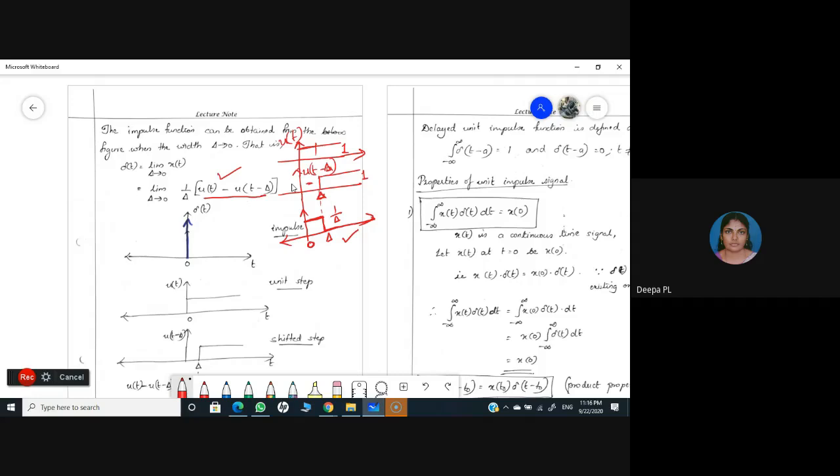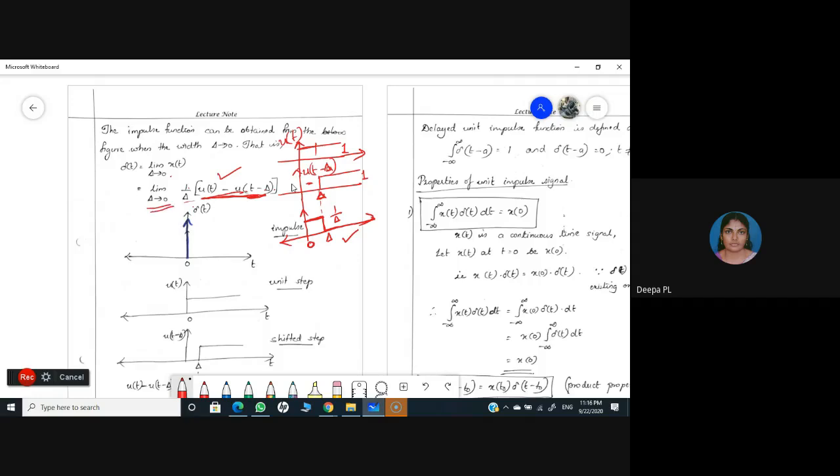Now the limit as delta tends to 0 of 1 by delta into u of t minus u of t minus delta. That means in order to make the area under the curve 1, and in order to make the width infinitesimally small, I need to make delta what? Tending to 0. Okay, so that is actually delta of t.